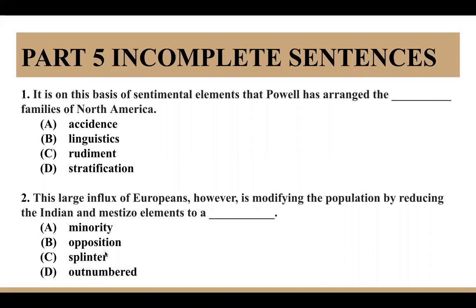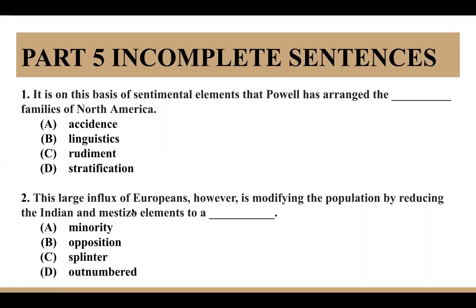I can say like however, but, on the other hand, on the contrary, in contradiction, whatever. So the meaning is a shift from one to the other. So you can use opposition here. Splinter. Is that okay? Splinters mean like, let's say, flexibility, or even outnumber here, meaning too much. Okay, too much. So the context here must be related to something large or something more and more. So here, this large influx of Europeans, influx meaning immigrate, right?